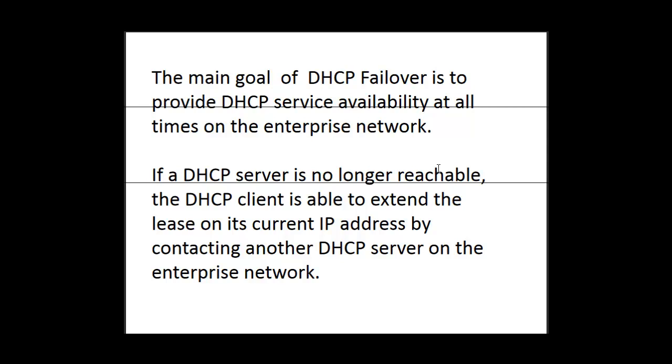Well, we want to know that if one of our DHCP servers fails or a scope fails, there's another DHCP server available on the network to give out the necessary IP addresses and configuration so that the client computers can communicate with each other and communicate with the servers in your network.